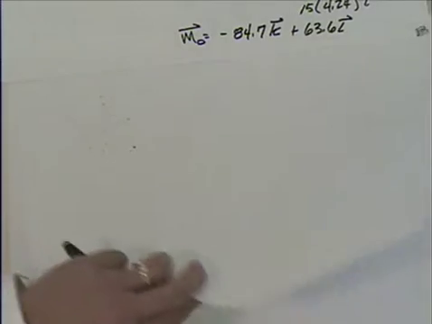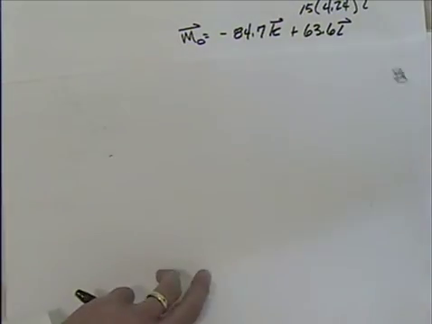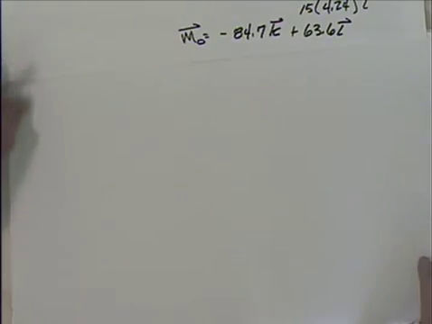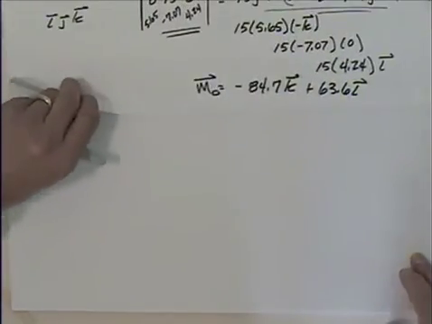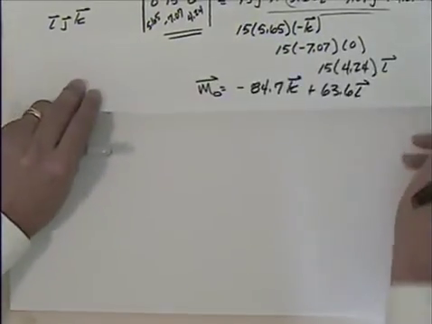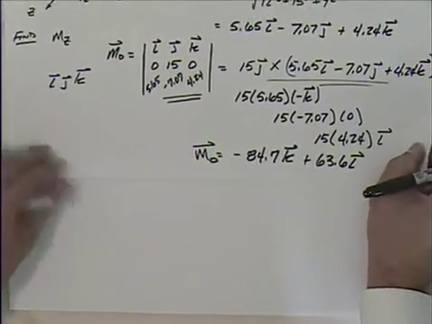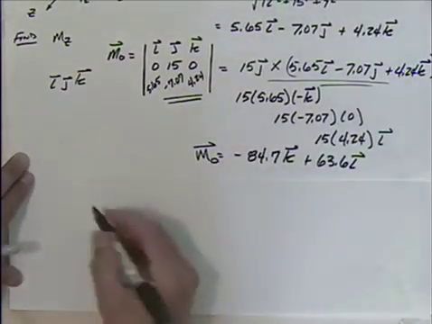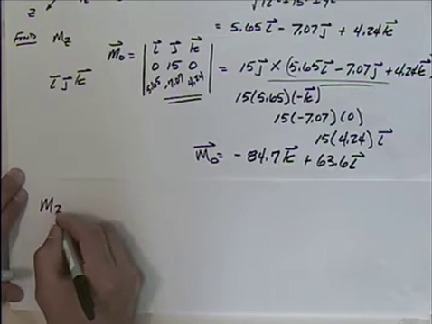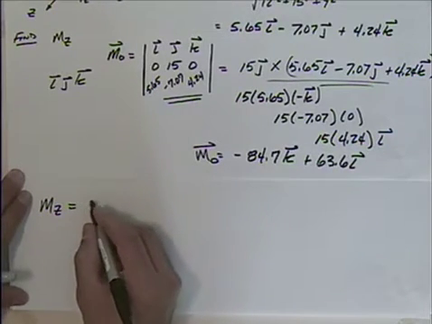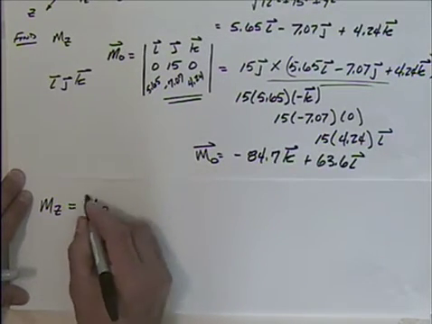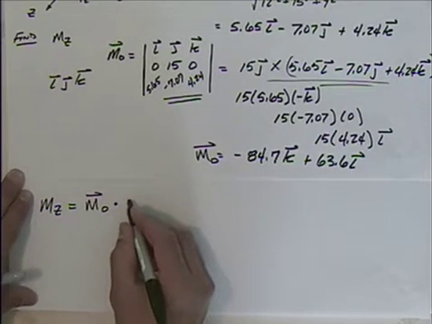So this will be 4. So as we continue on here then, we could say that the moment about the Z would be equal to the moment about O dotted with the unit vector for the Z direction.